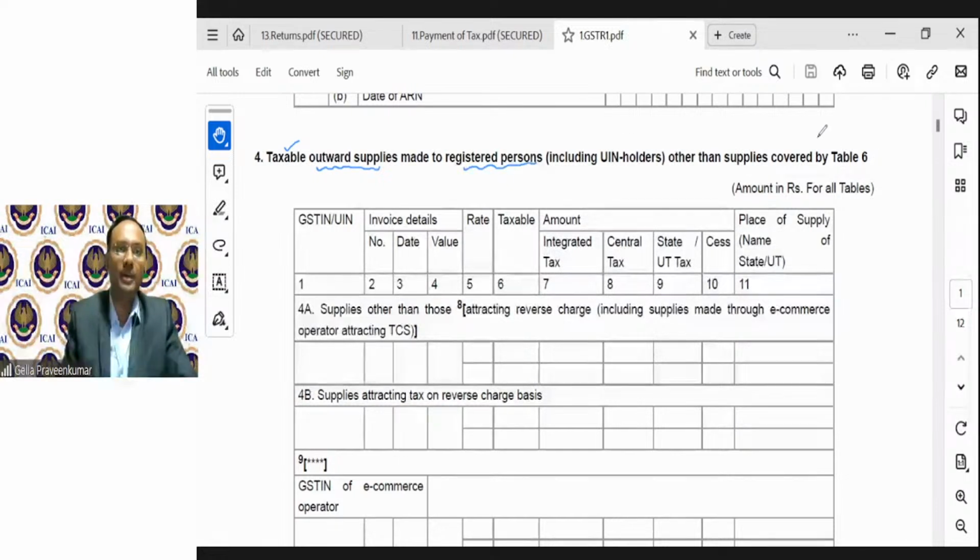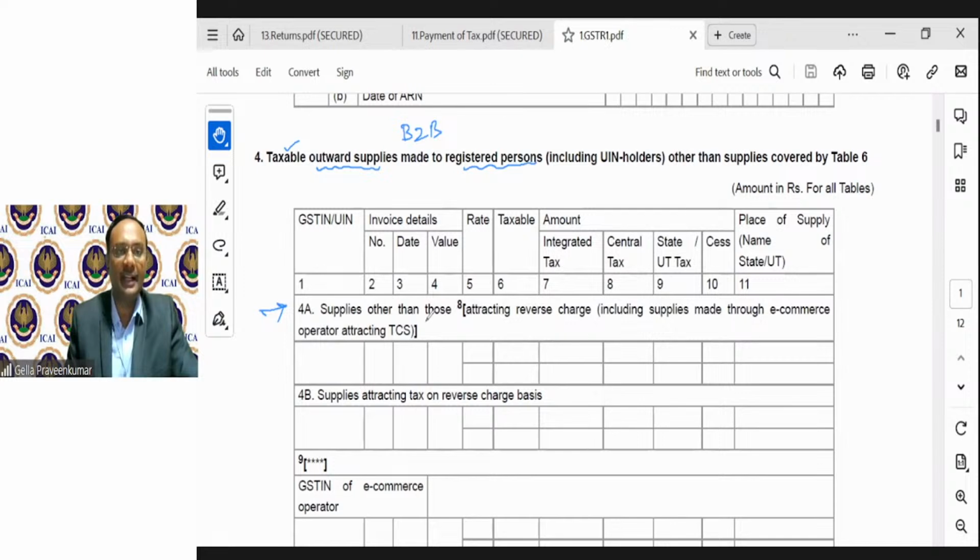So table number 4 precisely talks about all B2B transactions: supplies other than those attracting reverse charge, supplies attracting tax on reverse charge, and supplies through e-commerce. Here, 4A covers supplies other than those attracting reverse charge, including supplies made through an e-commerce operator attracting TCS.